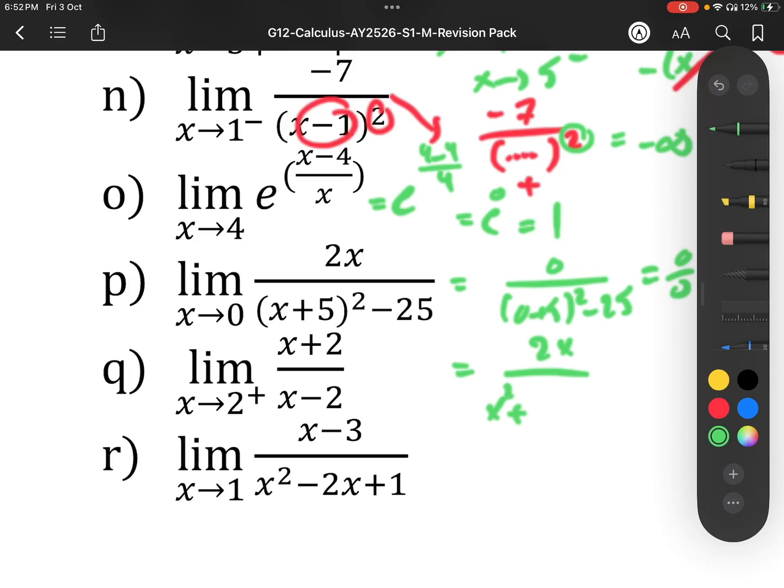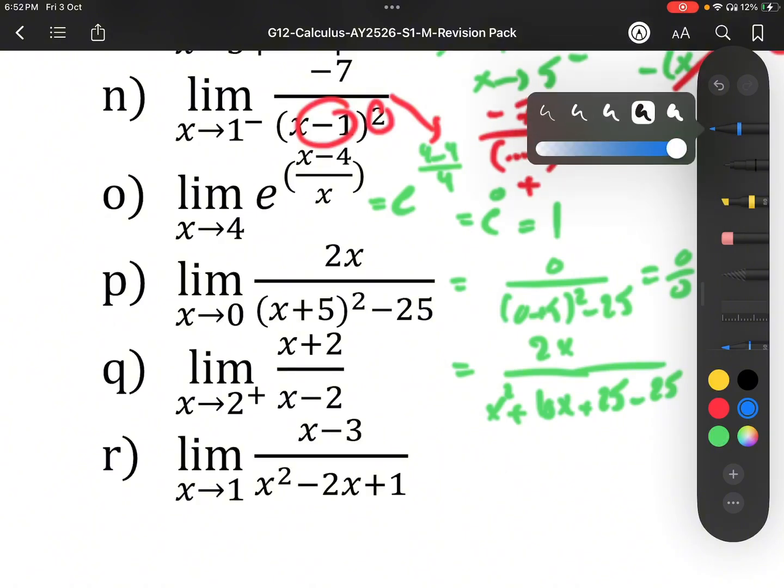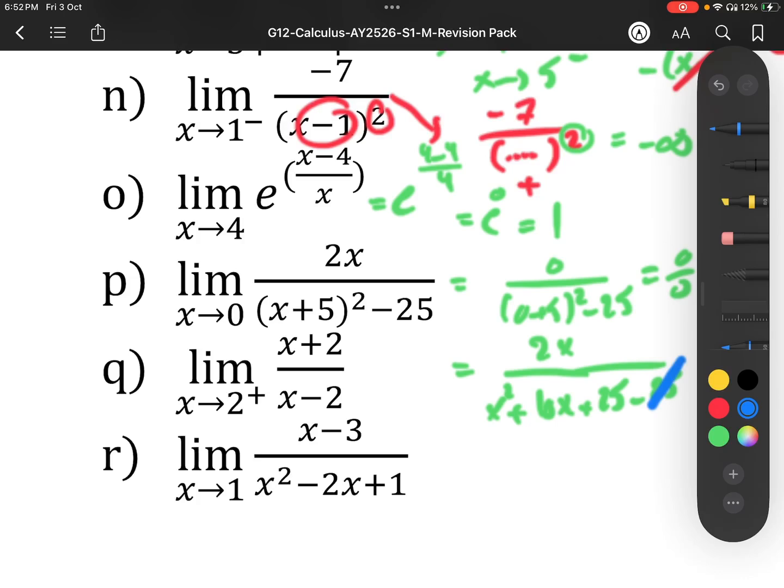So this is x squared plus 10x plus 25 minus 25. So 25 with 25 is cancelled. So it's going to be 2x over x squared plus 10x.